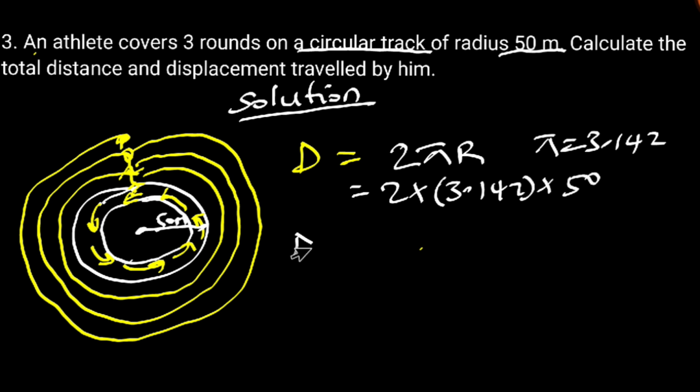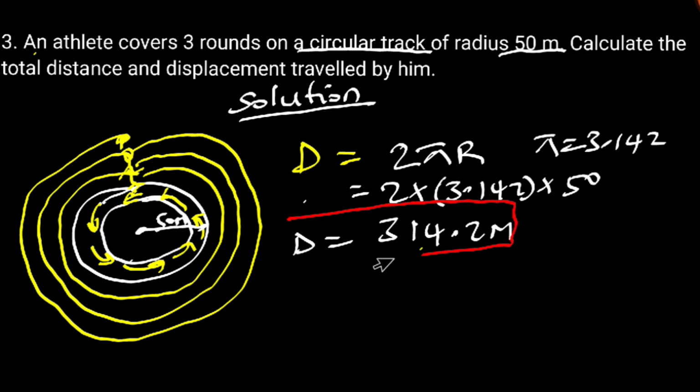So the total distance is given by, just input this in your calculator, 2 times 3.142 times 50. This is going to give us 314.2 meters. So this is the total distance traveled by this athlete.